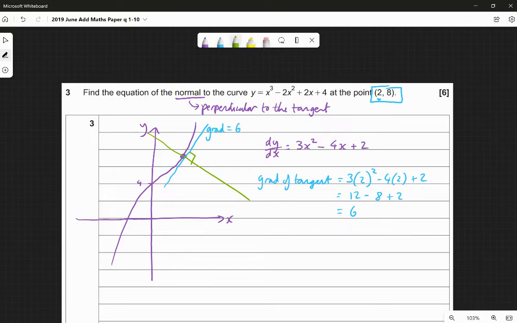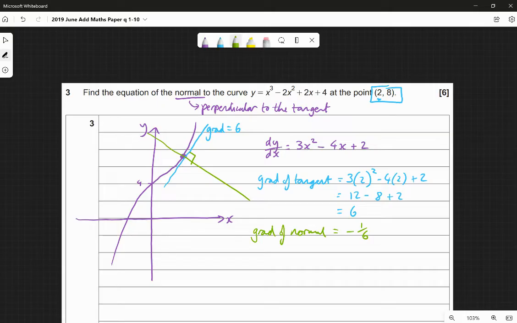If the gradient of the tangent is 6, then the gradient of the normal, since the normal is perpendicular to the tangent, has a gradient which is the negative reciprocal of the tangent. So the negative reciprocal of 6 is minus 1 over 6. So negative a sixth.